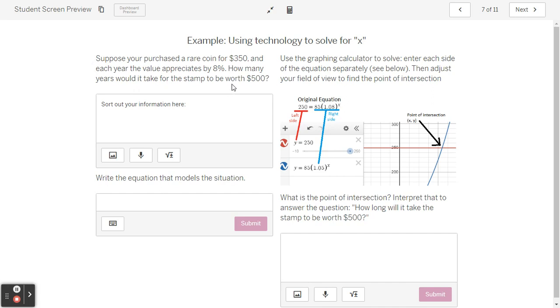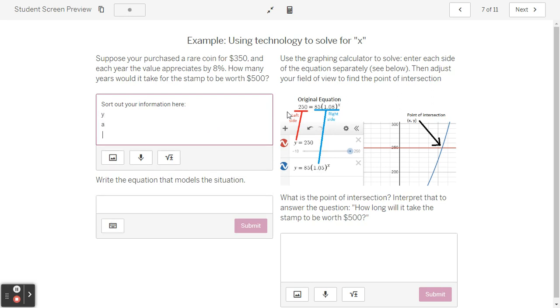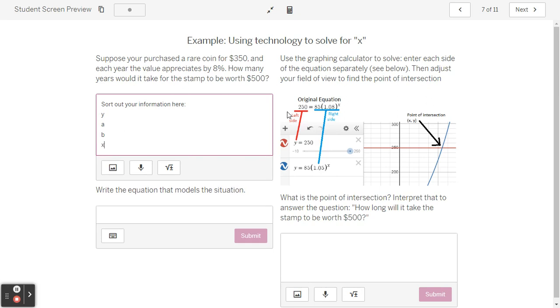How many years would it take for the coin to be worth $500? y, a, b, and x. Now, according to the question, the goal is we're trying to find out the final amount when the final amount is worth $500.